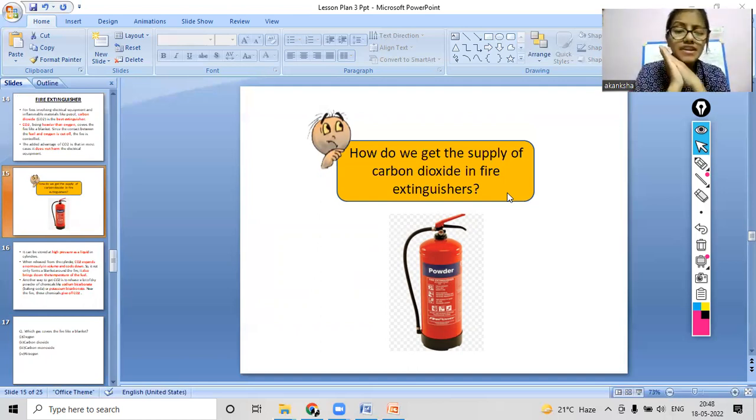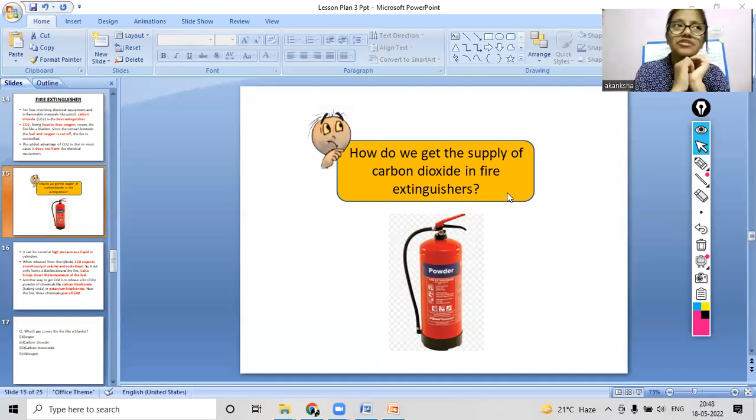Okay, I will give you some time to think. I will give you 5 seconds. Till then, if you are getting any answers, you can write in the chat box, and then we may have a small discussion on it. Okay, some are saying we get it from the factories. Some are saying we get it from the labs.